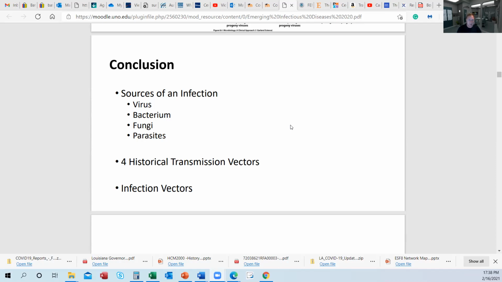Virus requires a host, and because it's not living, it can be activated or reactivated. It's more challenging to deal with the virus, so it's easier to prevent the virus through vaccines.